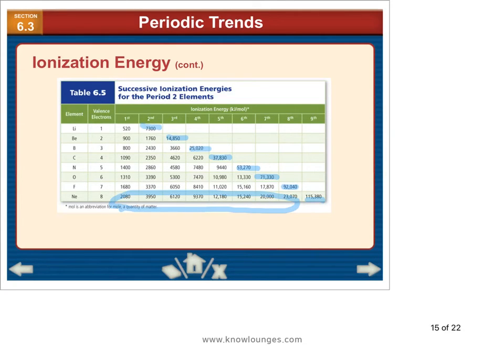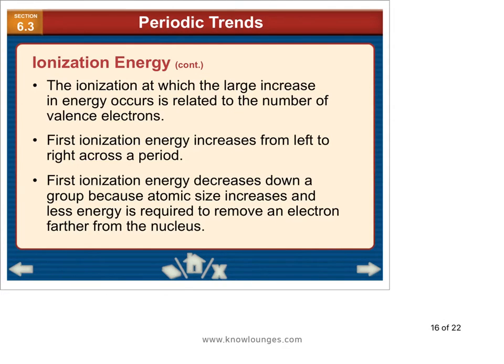Their ionization energies for that first 8 are reasonably small in comparison to trying to remove this ninth one, which goes into the next energy level. So it jumps up a lot. The large increase in ionization energy is related to the number of valence electrons.